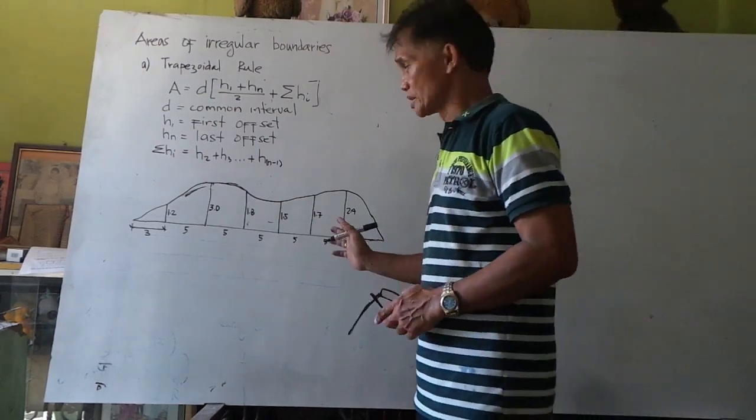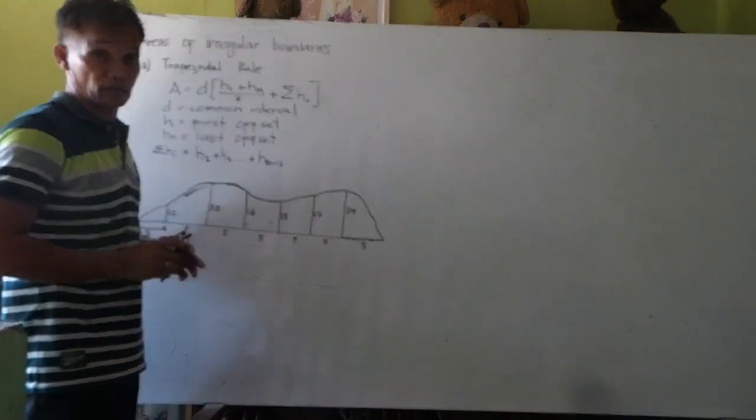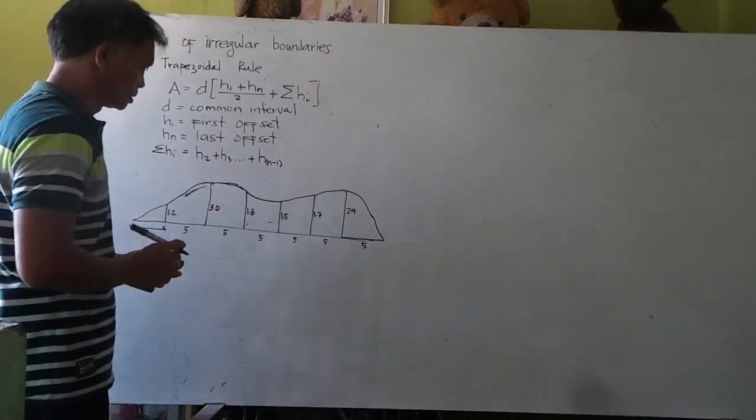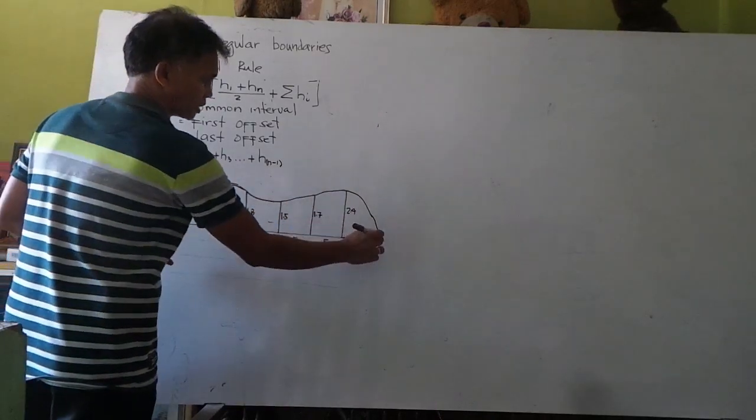Okay, here's our example of how to solve an irregular area using the trapezoidal rule. The area is bounded by these irregular boundaries.